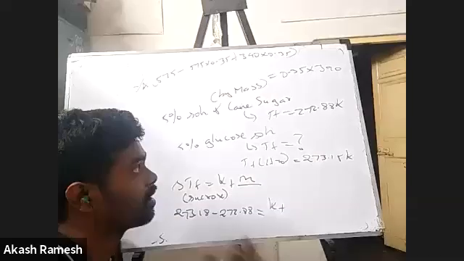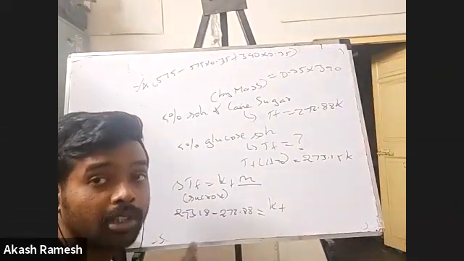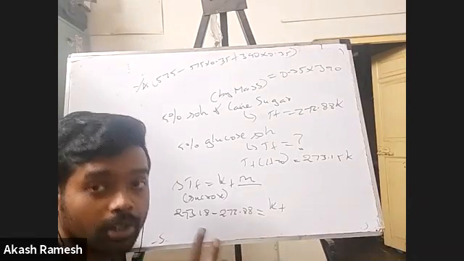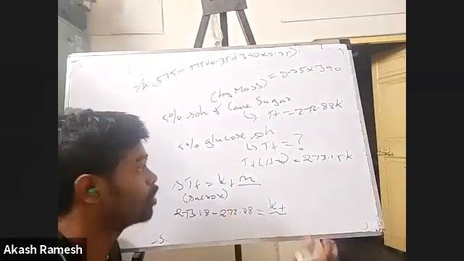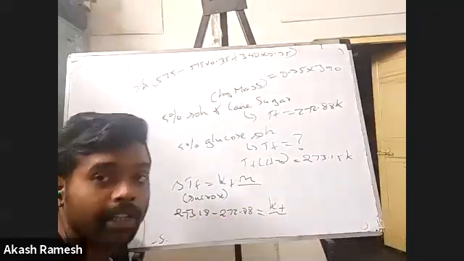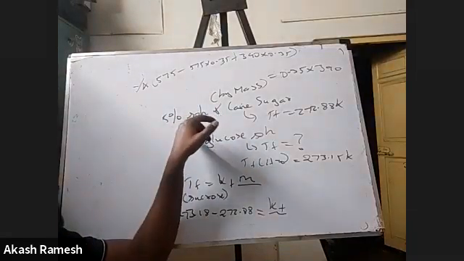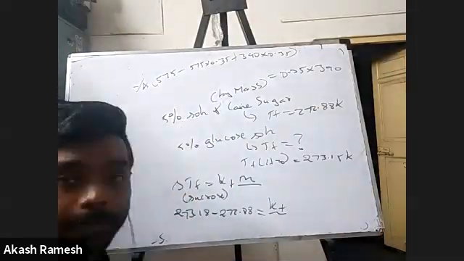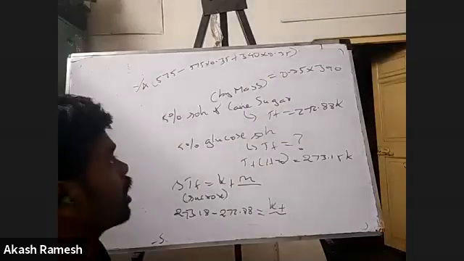Now you're using the same thing, right? Both cane sugar and glucose are aqueous solutions. The solvent used is water. So what you're finding here is KF for water, and the same thing has to be used for the second solution. Now they have given 5% M by M of cane sugar, right? You have to calculate the molality. So what do you mean by 5%?